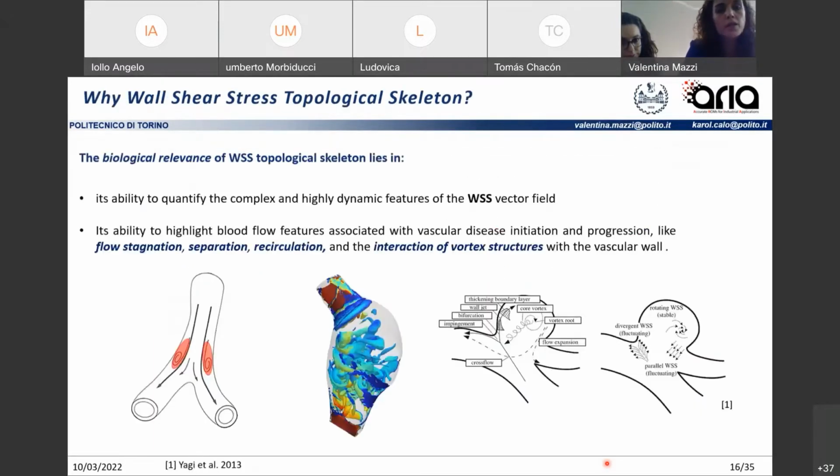The interest in the wall shear stress topological skeleton arises from its ability to reflect the cardiovascular flow complexity and the presence of near wall hemodynamic features associated with vascular disease.